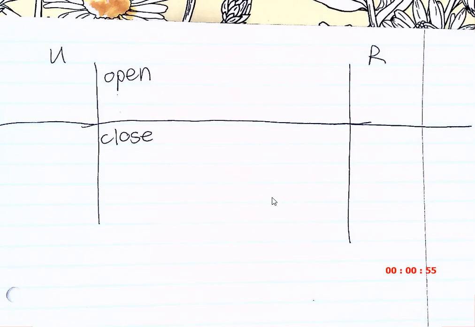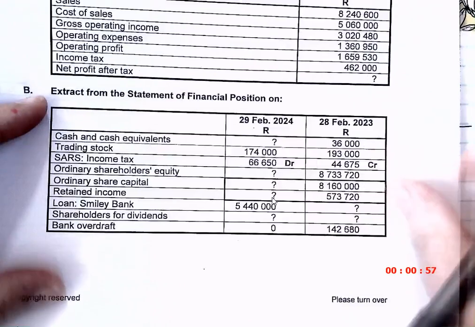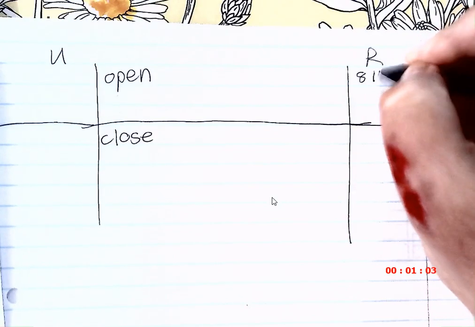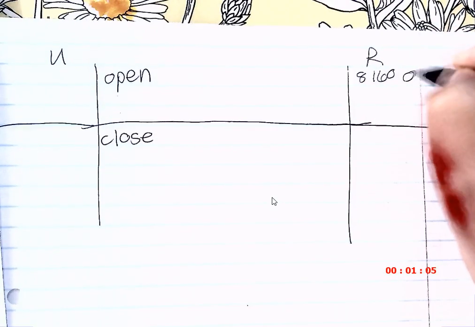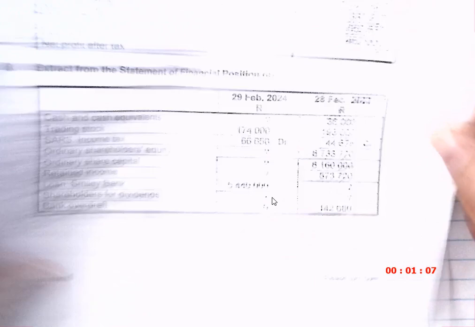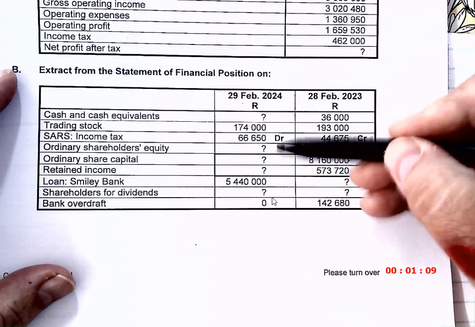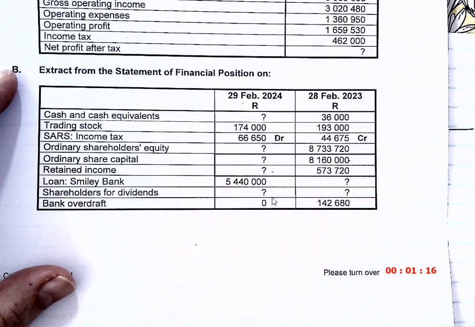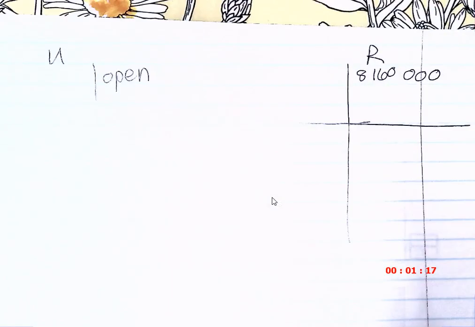So if I look here, in this case they gave me the opening, 816,000. But they didn't give me any information for the closing like they did with the previous exercise. You see that? So now let's go to what they tell me here.